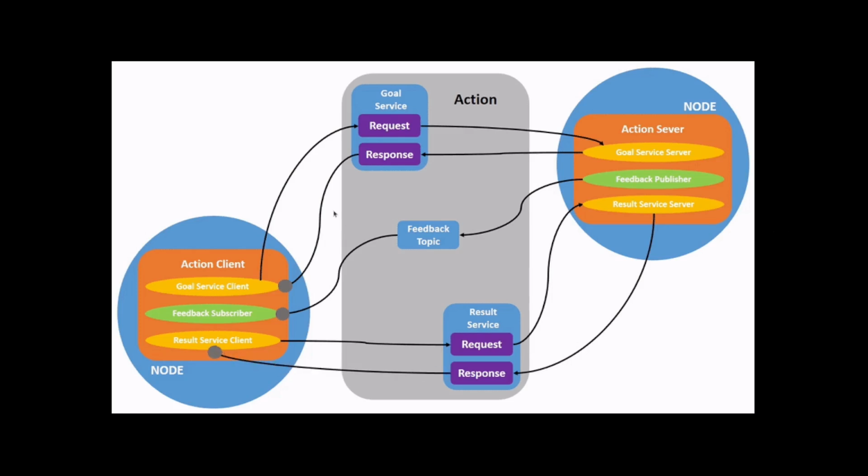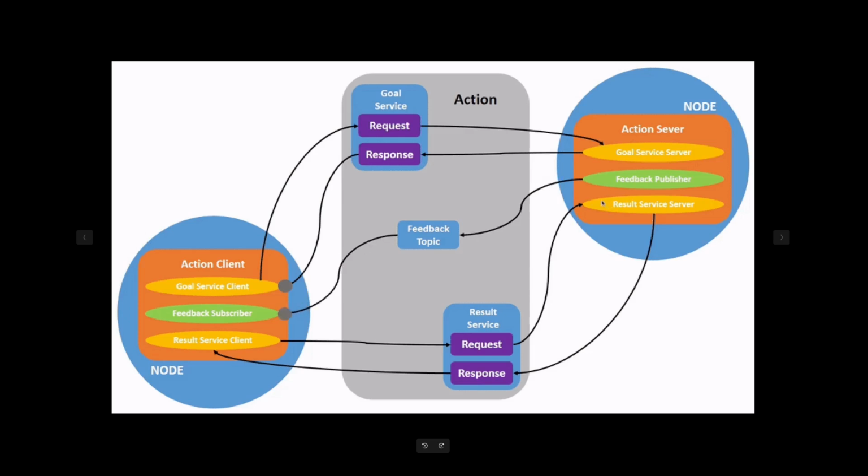So you can see that first you send what you need, the goal, and then this receives it, and then it says, okay, I received the goal. And once that's done, then you ask for the result.